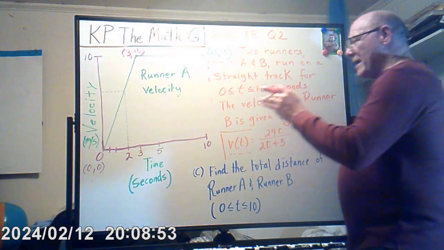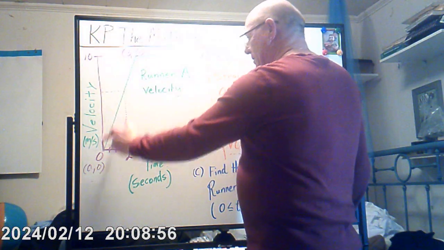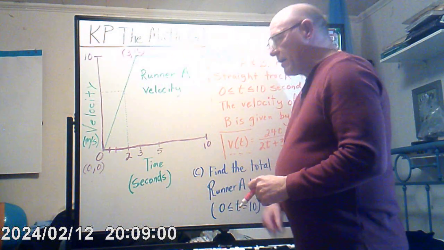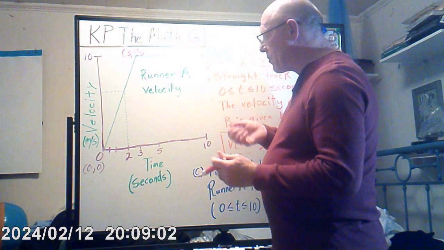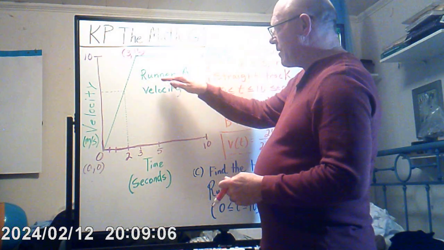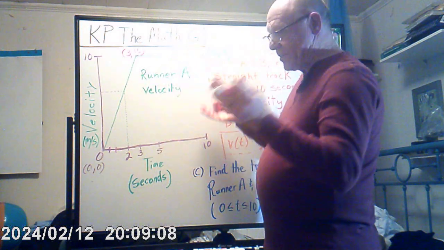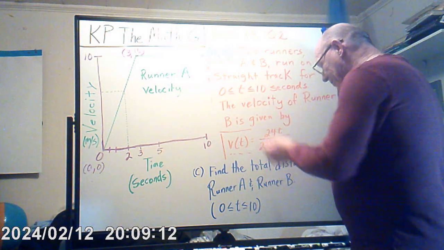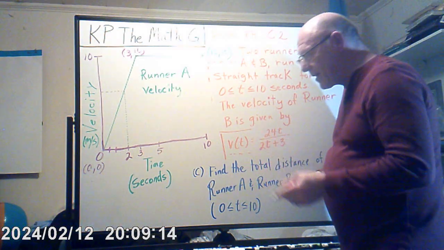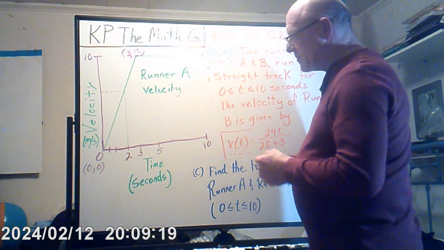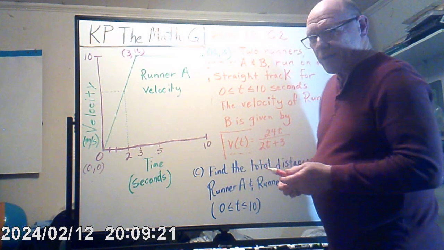Runner A has a velocity of this green graph here, and so we have two different things. One, there's a graph for runner A, and there is an equation for runner B. Both of these deal with velocity, if you will.